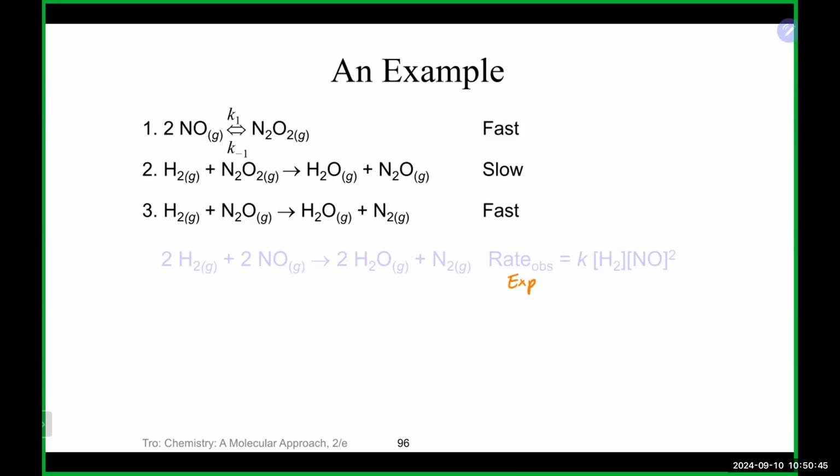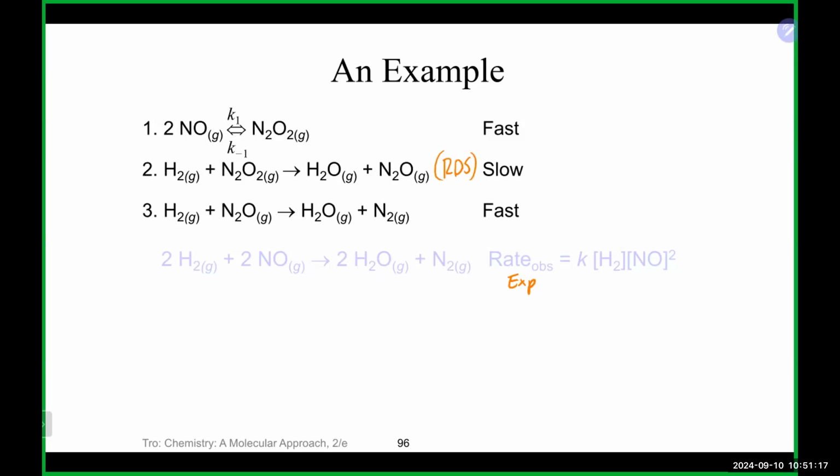So there is a really difficult way to determine which one is your rate determining step. And the rate determining step should be which step, the fast or the slow one? Yeah, so that's how you find it, right? In this type of mechanism, that would be your rate determining step. It is the one that's listed as a slow step. So that's a very common mechanism type problem. They will give you a bunch of steps, and one of them will be listed as slow, and the other ones a lot of times will be listed as fast. So the one listed as slow is your rate determining step.